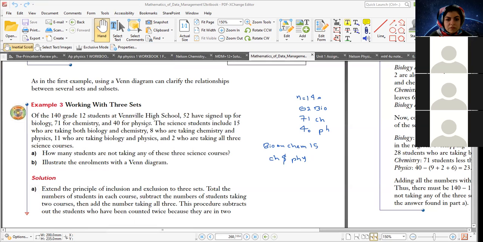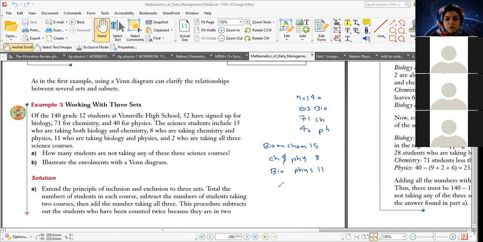15 who are taking biology and chemistry, 8 who are taking chemistry and physics, 11 who are taking biology and physics, bio and physics, 11.